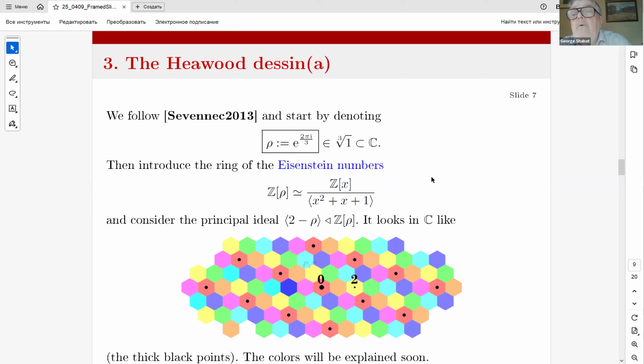But in fact, what Euler meant was the unique factorization in the field of Eisenstein numbers.